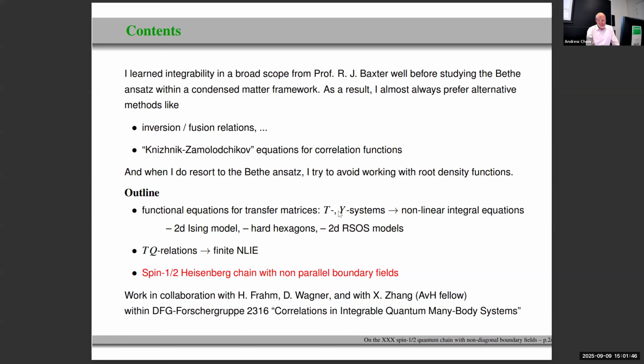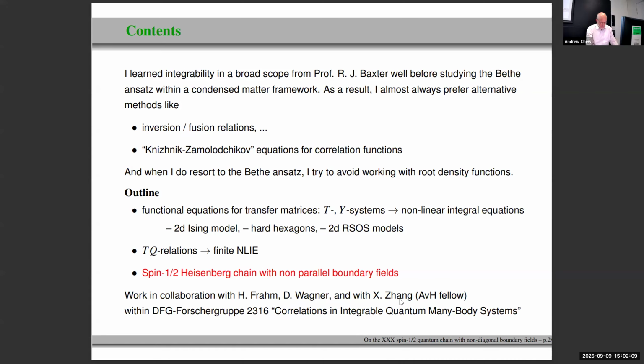Although the T and Y systems are rather reliable, they do not solve the problem I'm heading at, and we instead use some kind of TQ relation for finding finite nonlinear integral equations. This is joint work with Holger Frahm, Dennis Wagner, and Xin Zhang.